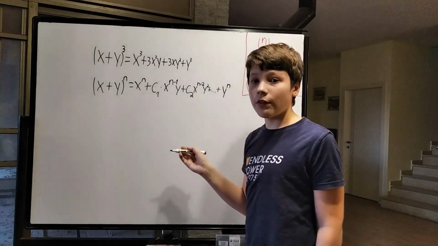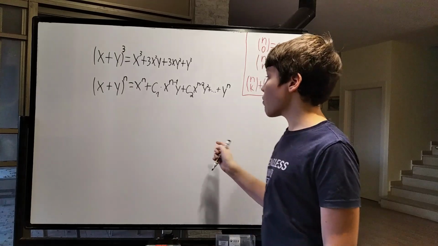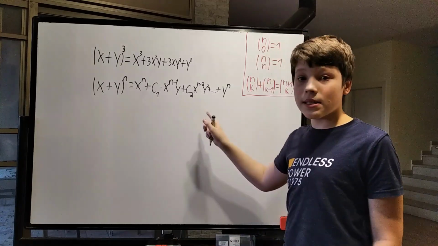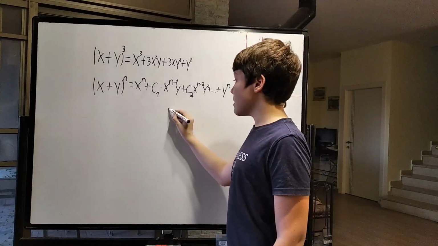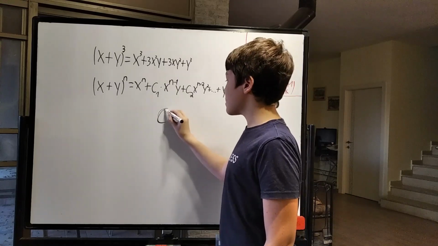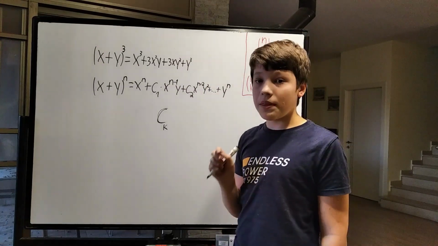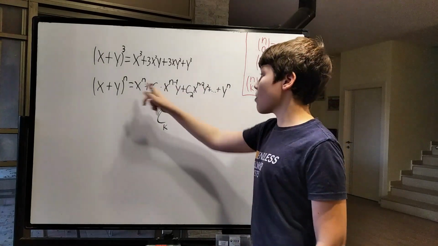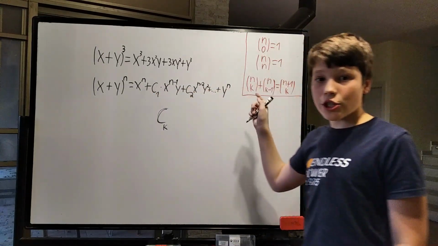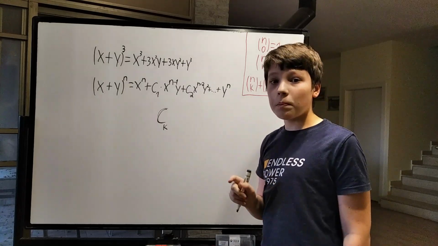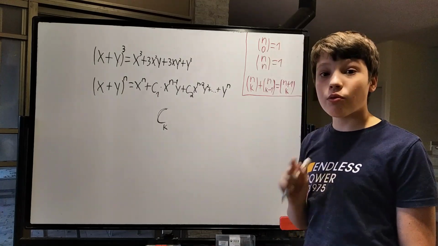And the binomial coefficient is, for the kth term here, ck. Ck, what is its formula? And the answer to that is n choose k. Now, let's actually prove that.